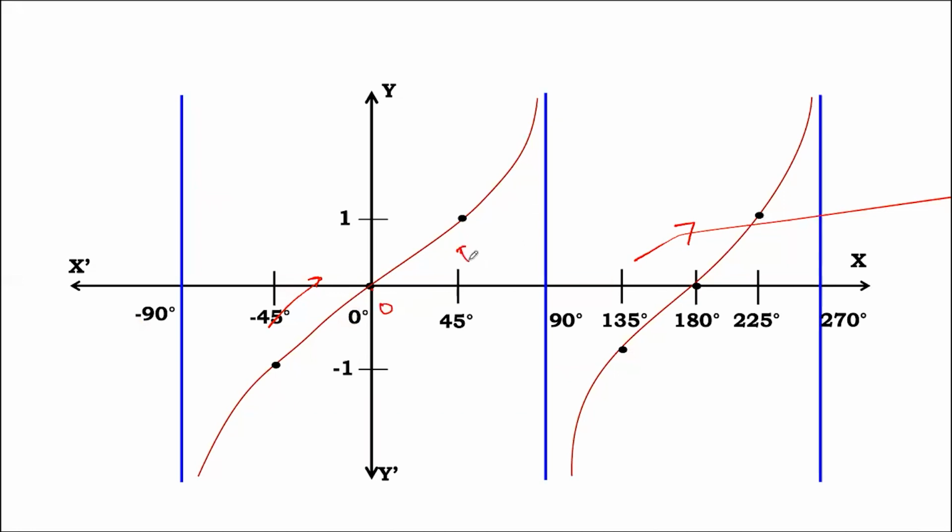This is positive in the first quadrant, then the second, third, and fourth quadrants. Again it comes from this. In the first, second, third, and fourth quadrants it is positive, negative, positive, negative, right? So in the third and first quadrants it will be positive, and in the other quadrants it will be negative, right?